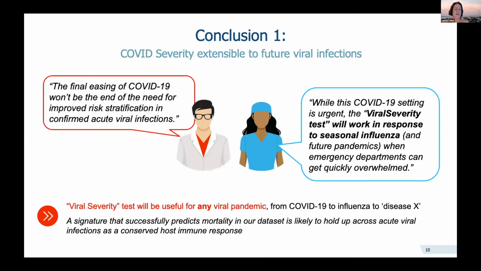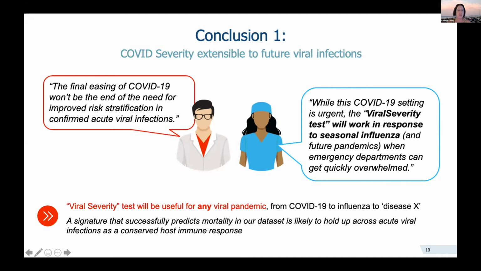Even the final easing or return to quote unquote normal for COVID-19, for those of us who work with healthcare, will obviously not be the end of the need to improve risk stratification, even in acute confirmed viral infections. While COVID-19 has accelerated the need for these types of tools, it's predicted that this viral severity test would work in response to, for example, seasonal influenza, other influenza pandemics, and other respiratory infections, where again, emergency departments could get quickly overwhelmed.